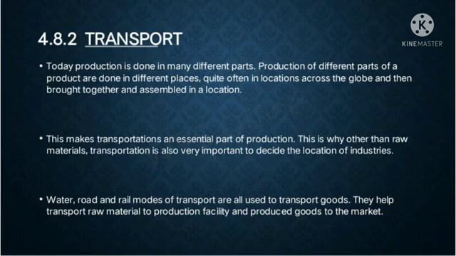This is why, other than raw materials, transportation is also very important to decide the location of industries. Water, road, and rail modes of transport are all used to transport goods. They help transport raw materials to production facility and produced goods to the market.